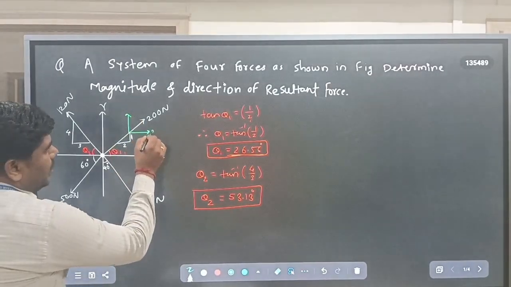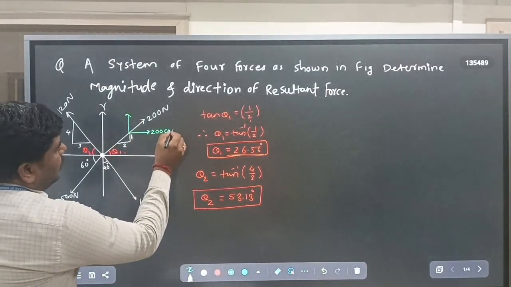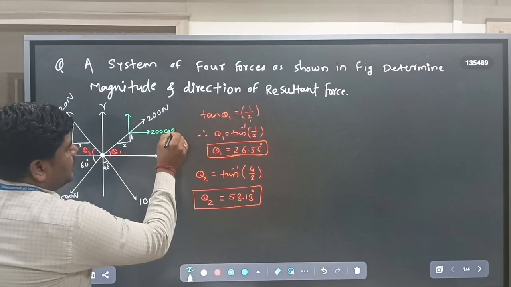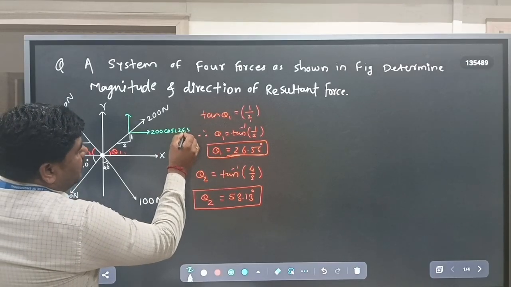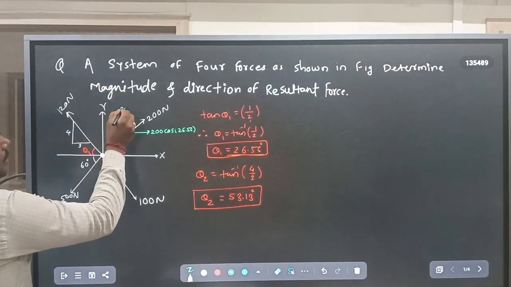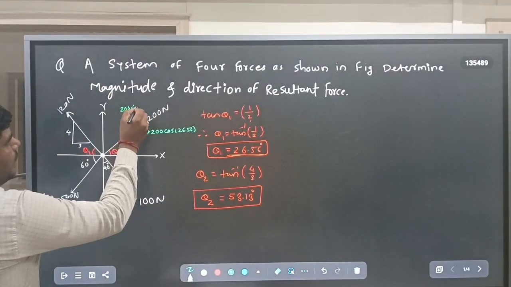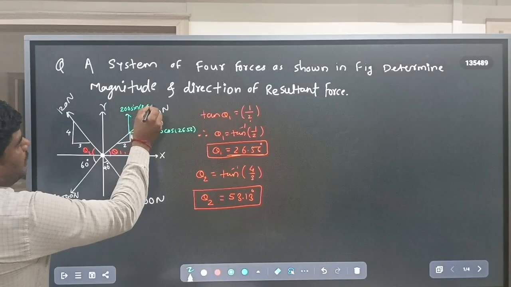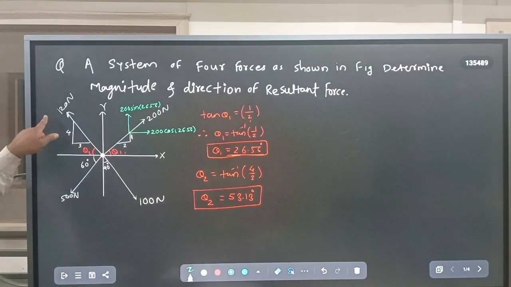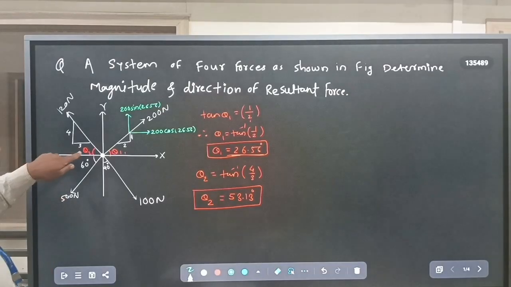So this becomes 200 cos θ1 and the value of θ1 is 26.56. Similarly, the vertical component becomes 200 sin 26.56.